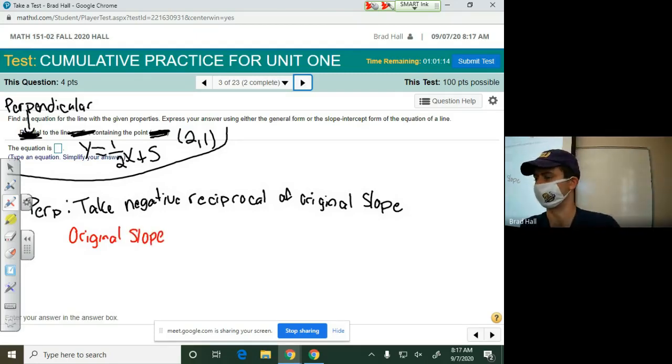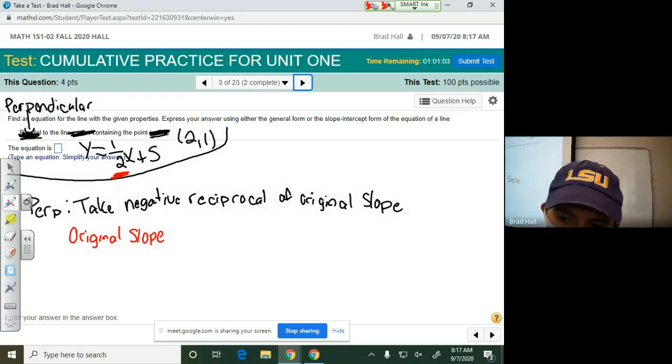It's pretty easy to determine the original slope because that line is in mx plus b form, which means it's really easy to determine the slope and the y-intercept. It's just 1/2. You could just look at it.